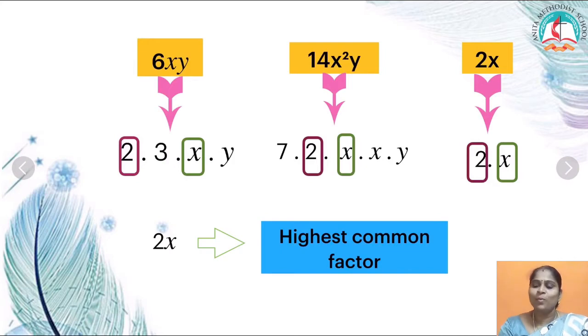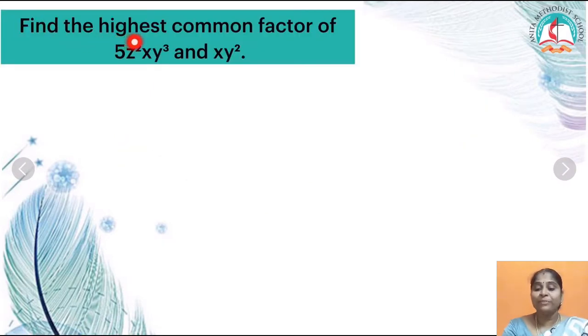Come, let's look at one more problem. Find the highest common factor of 5z square x y cube and xy square. How to find the common factor of these two monomials, children? Yes, first we need to write the product of irreducible factors.